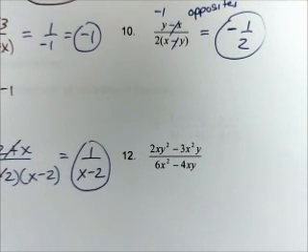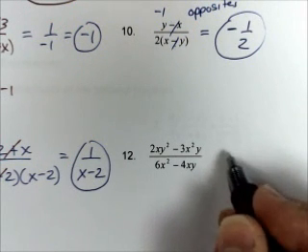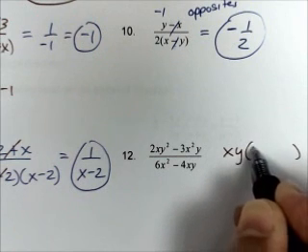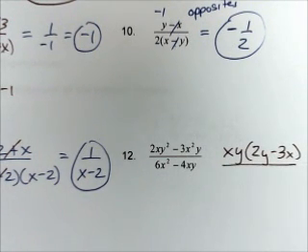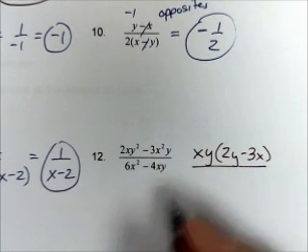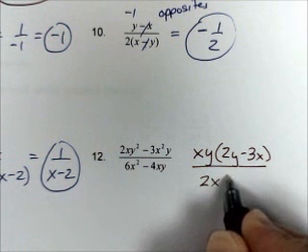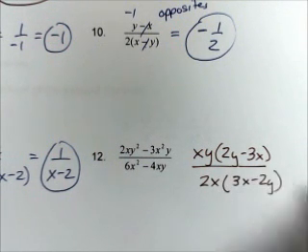Number 12, GCF here, xy, 2y minus 3x is the other factor, and GCF of the denominator, 2x, 3x minus 2y.